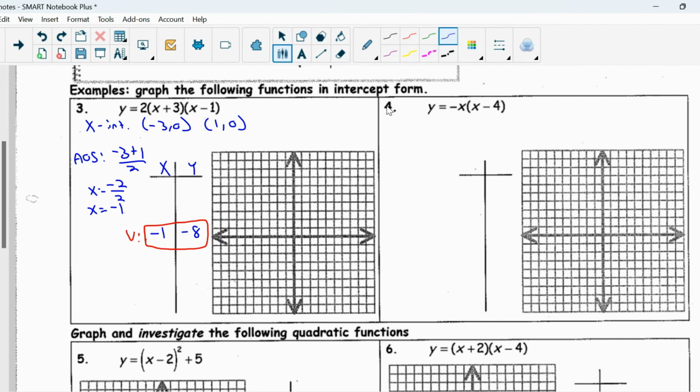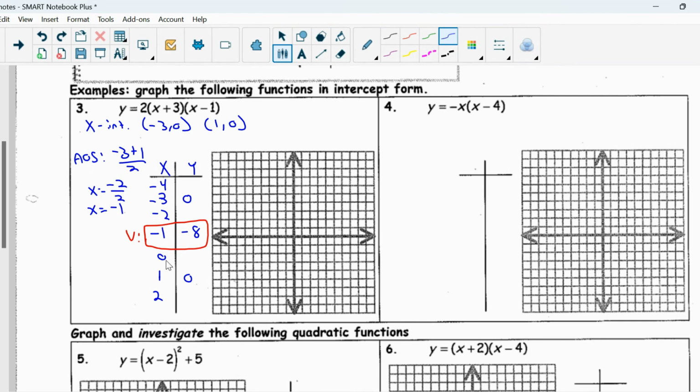So let's draw a couple points above and below. So we have -2, -3, -4, and then we have 0, 1, and 2. So we already know if we plug in a -3, we are going to get a 0 in return. Same goes with 1.